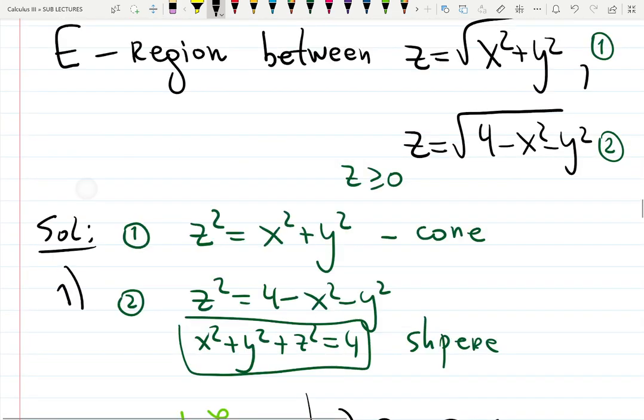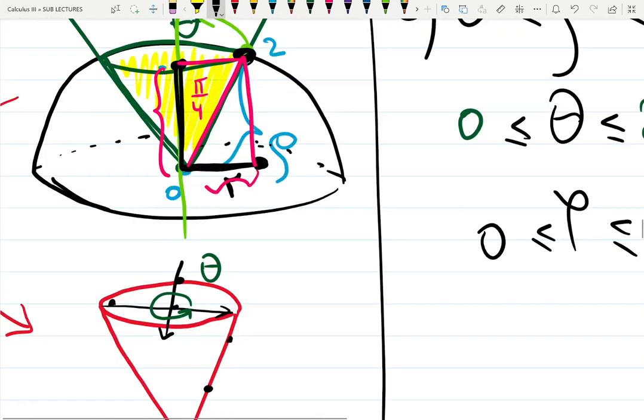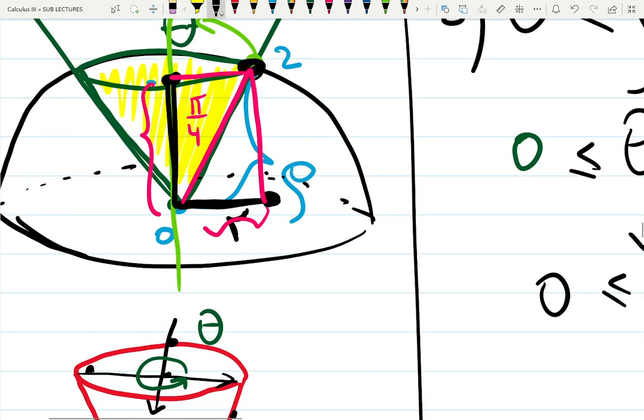Rho sine is coming from the triangle, r. Everything is coming from this triangle. Calculate z and r from this triangle using this side, and knowing that the hypotenuse is rho, with rho cosine and rho sine for z and r respectively.